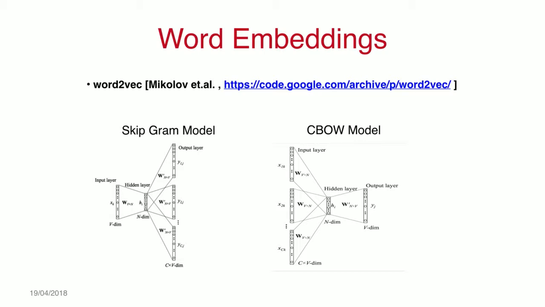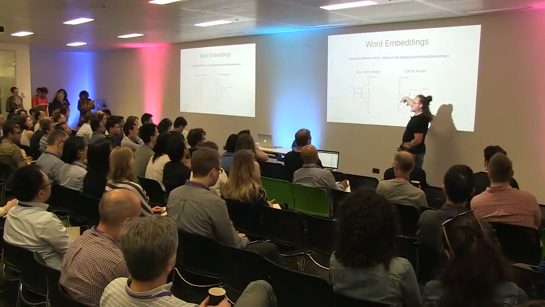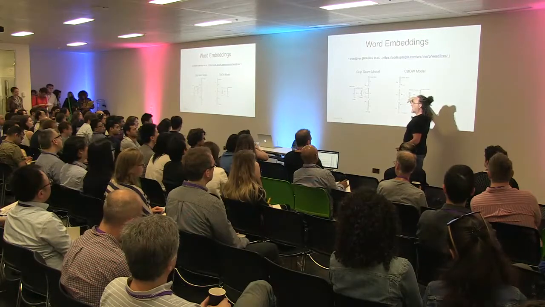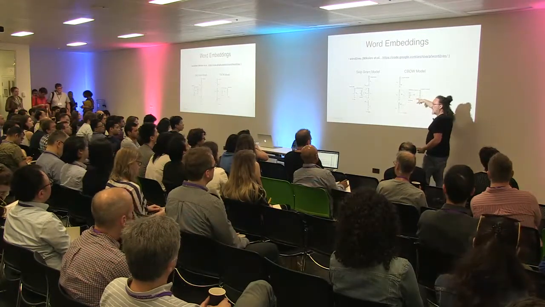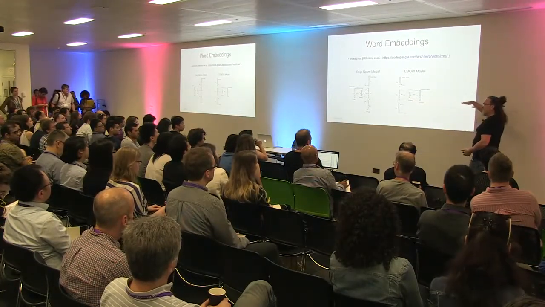A language model is when we have a sequence of words and we want to find the probability of the word following that sequence. This is exactly what they're doing, but there is a very nice byproduct of this training procedure: we get a matrix of size the number of words in the vocabulary by the number of dimensions we want, and this is our embeddings. This is our word representation.